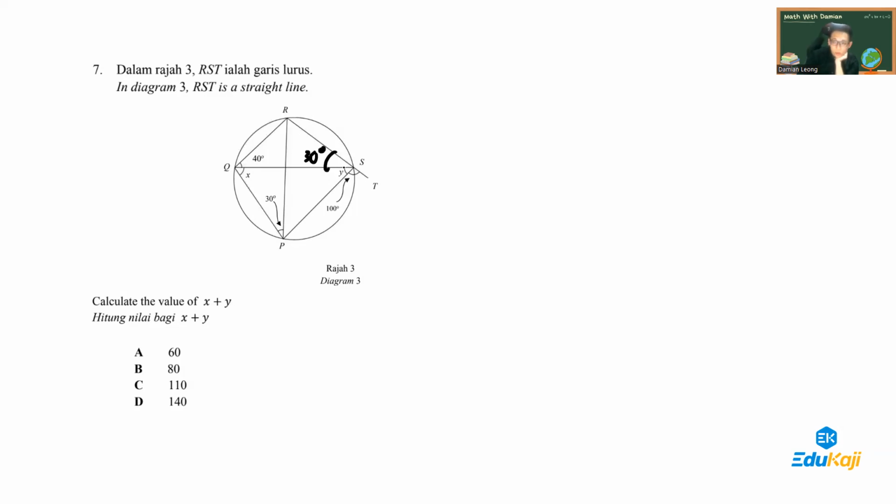So, on the straight line, I can find y. Or actually, I don't even need to do that. I can straight away find x plus y, because angle from the same arc, here is y, here would also be y.